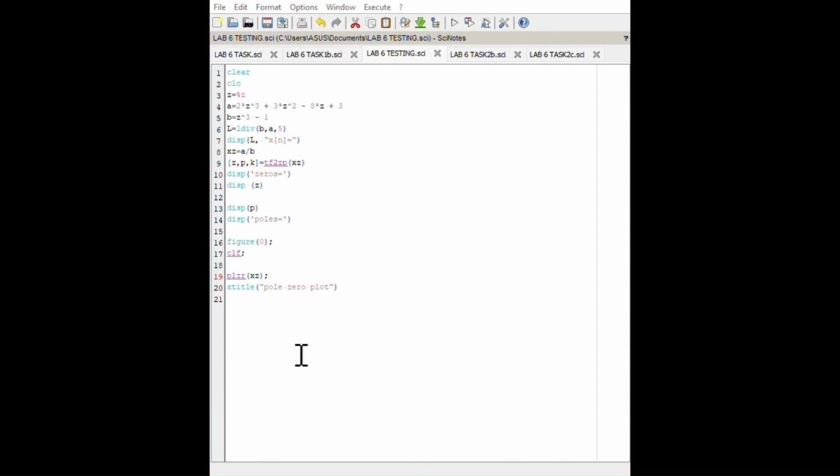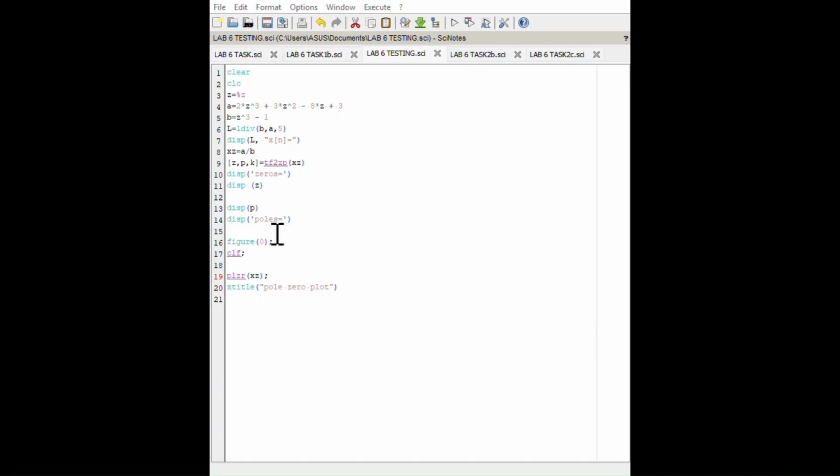Okay, first we will set the parameters, and this Z equals to percentage Z. This defines Z as the symbolic polynomial variable. And A, we will put this side, which is called the numerator, and B the denominator.